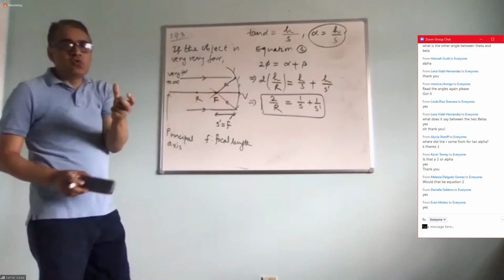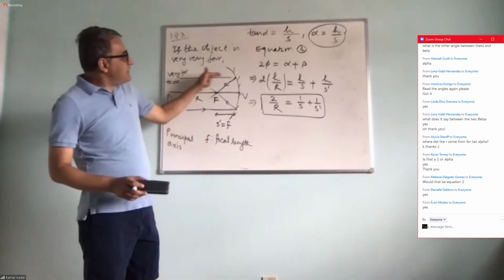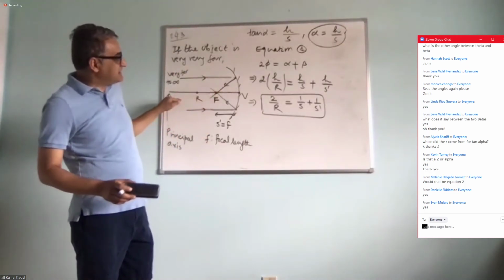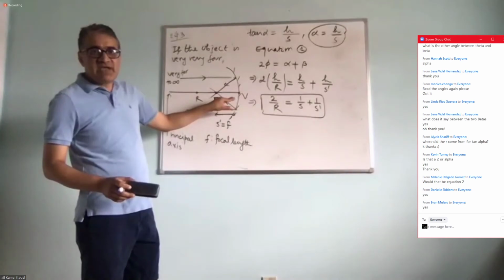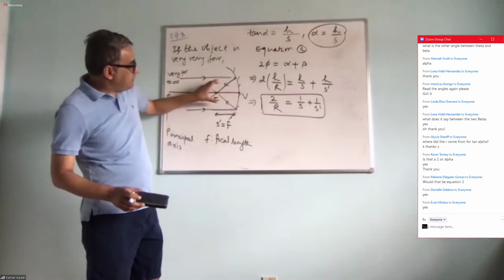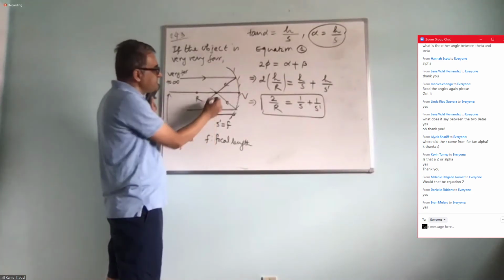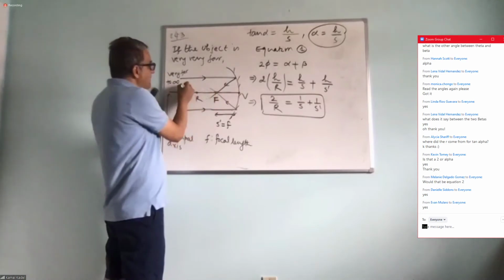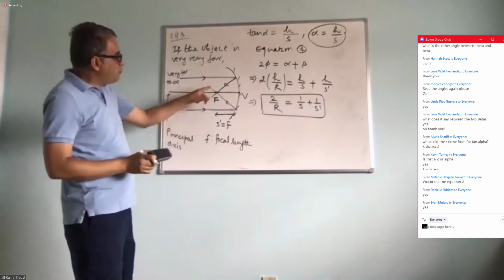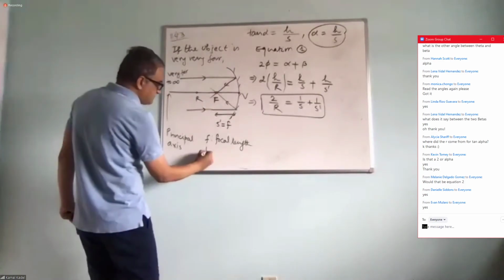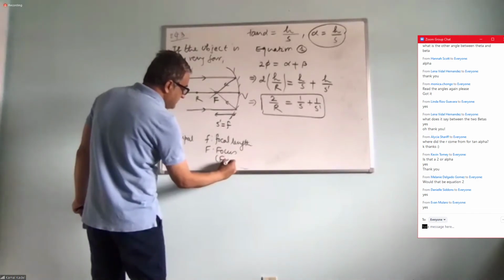And this is the rule in optics: all rays that are parallel to the principal axis meet at the same point, no matter how many rays you take. The rays parallel to the principal axis, when reflected from the reflecting surface, will meet at the same point. If you have another ray like this, it also goes to this point. And this point F is called the focus or focal point of the mirror.